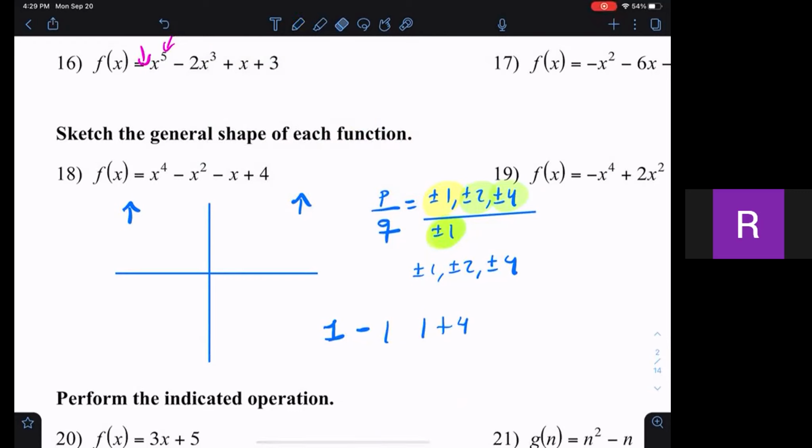This is positive 1 here. And this doesn't work again, right? So if you plug 2, it would be 16, 2 would be 4, 2 would be 2, and this is 4. So this cancels out, doesn't work. -2 is 16, -2 is 4, -2 is positive 2 plus 4. It seems -2 doesn't work either, right?